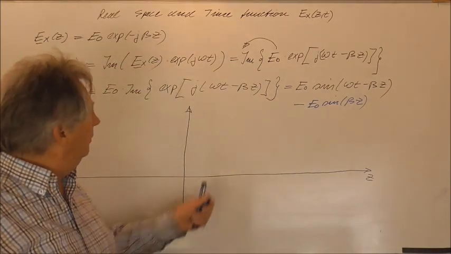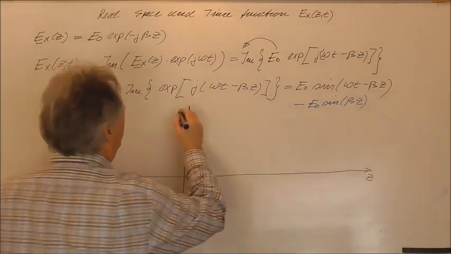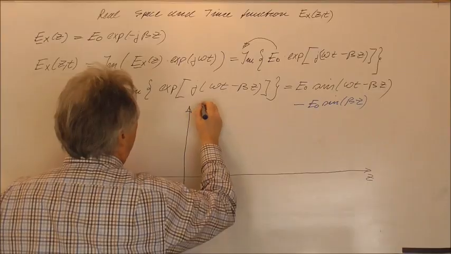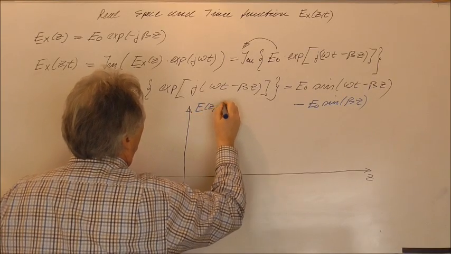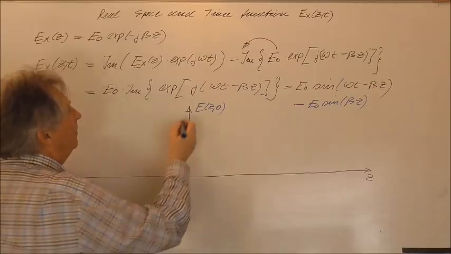You see here the constant, so here I will write this is E of z at the time instant t.